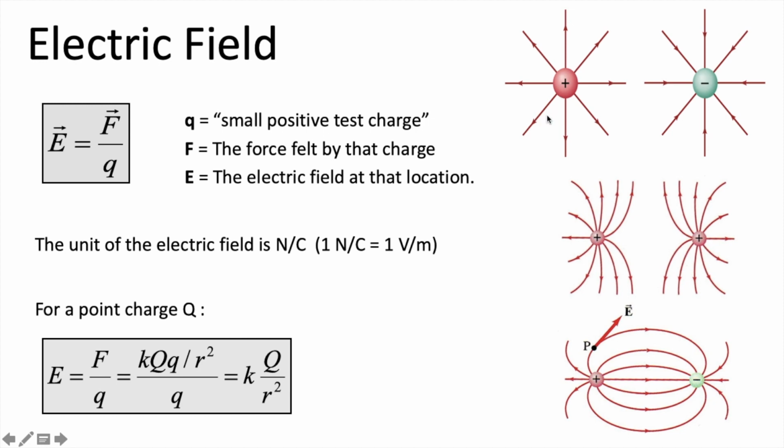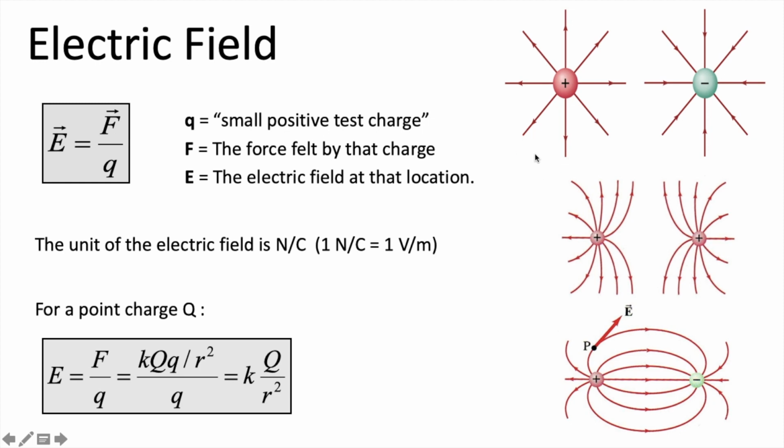You see these lines get more dense, or this area becomes smaller, as the lines move closer towards the charge, meaning the strength of the electric field is stronger here. And as you go farther out, if you take a point P here, this point P is much farther out from any of these two lines, right?